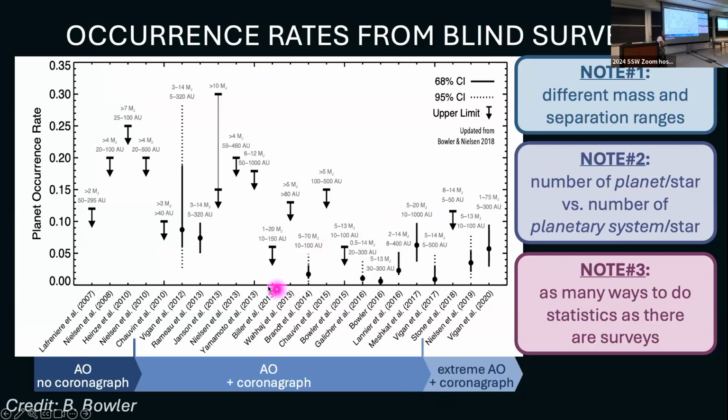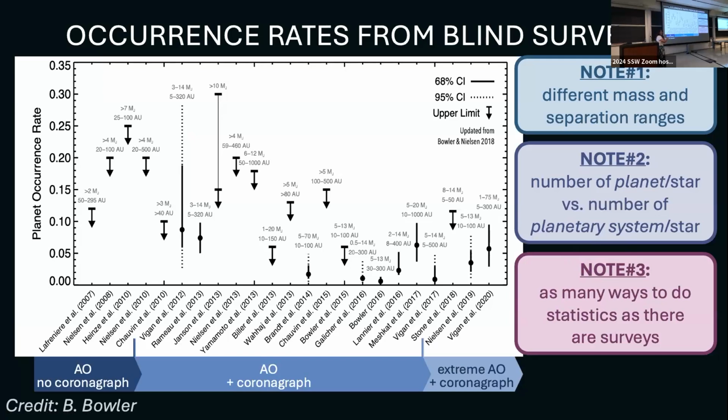Then the second thing is that there can be different ways of actually defining what's on the y-axis here. So here everything is plotted in terms of planet occurrence rate, but that can mean two things. We can define this as the average number of planets per star, so saying I have X planets in my sample of N stars, but we can also define this as the number of planetary systems per star.